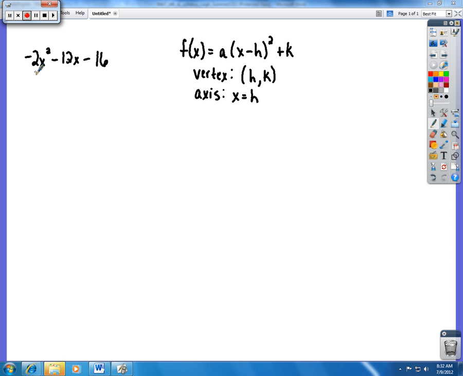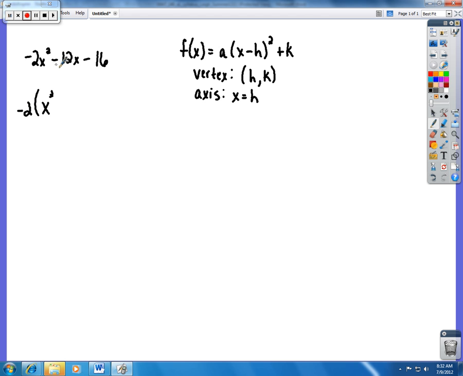First off, you want to put the first two terms, the terms with the x's, in their own set of parentheses. But the term on the inside of the parentheses has to just be x squared. So you're going to factor out whatever constant is in front of x squared. So we're going to pull the negative 2 out.